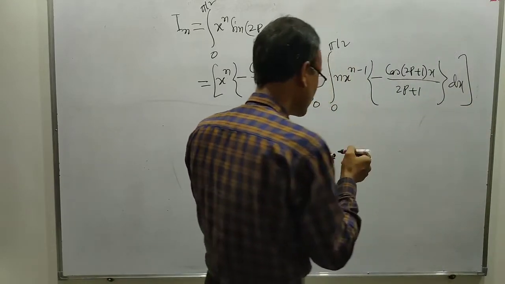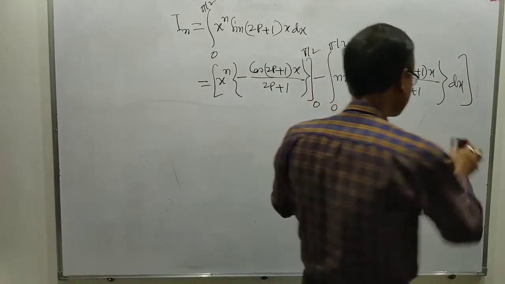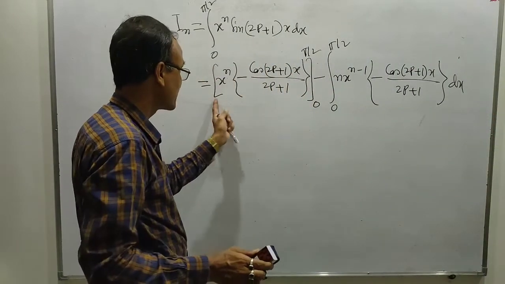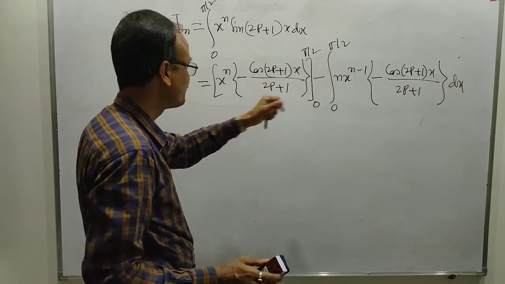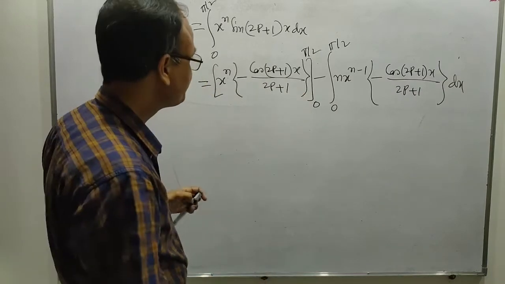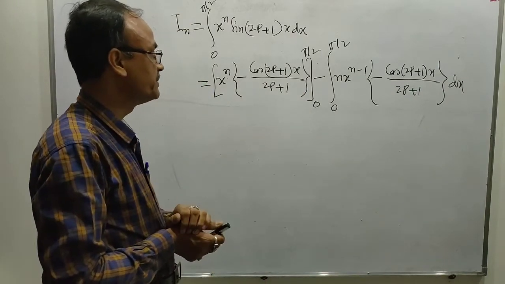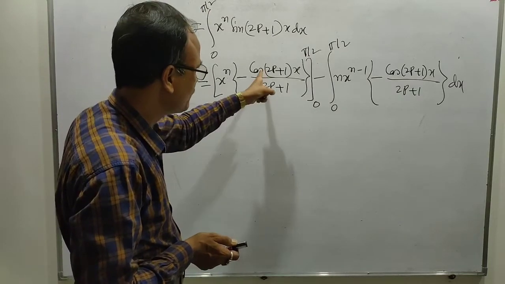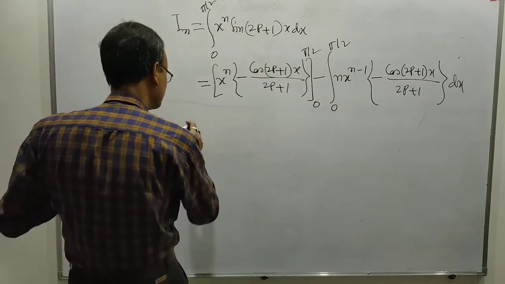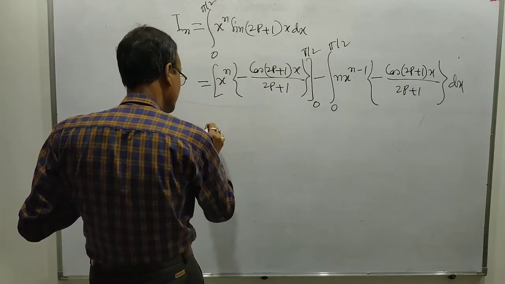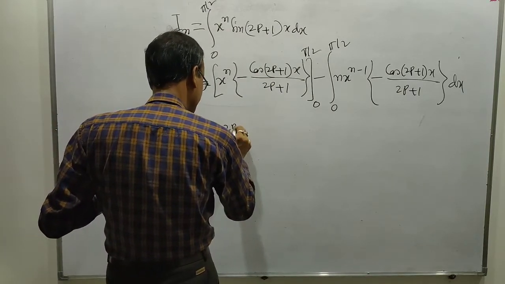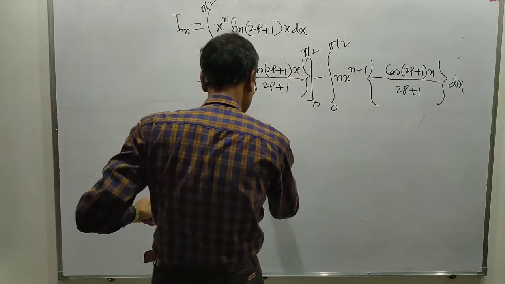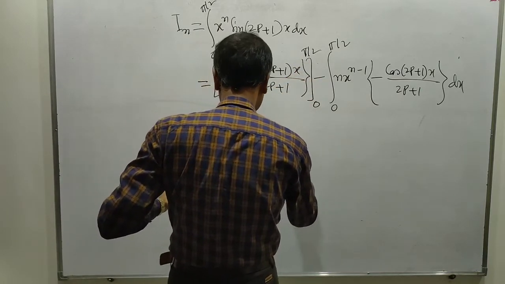Oh no, we should not write this one, because this bracket starts from here and it is closed here. Now you see n and p are positive integers. What is the value of this? Now cos((2p plus 1)x), if you put x equal to π/2, then you will get this one.